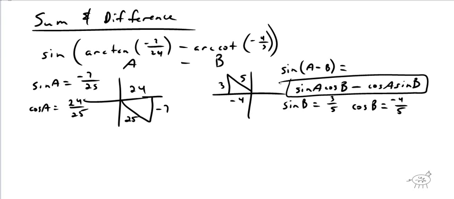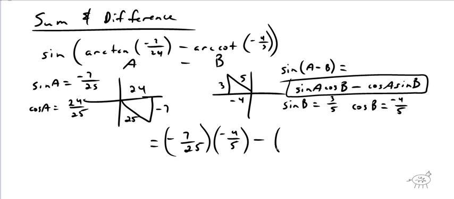Again, I don't want to see you guys saying, oh, sine of 3/5 or sine of negative 7 over 20. I mean, sine of A is negative 7 over 25. So we have negative 7 over 25 times cosine of B, which is negative 4/5, minus cosine of A, which is 24/25, times sine of B, 3/5.